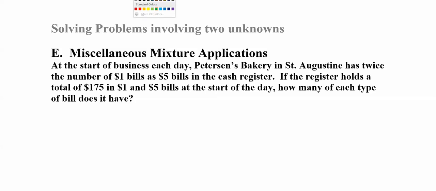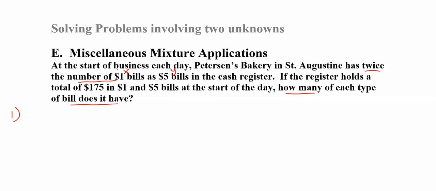Okay, so the question at the end will help you set up the variables. It says, how many of each type of bill does it have? And so we have $1 bills, that can be X, $5 bills can be Y. So my first equation, I can look for anything in my sentences that relates these two variables together. For instance, in the first sentence, it says that we have twice the number of $1 bills, X, as $5 bills.